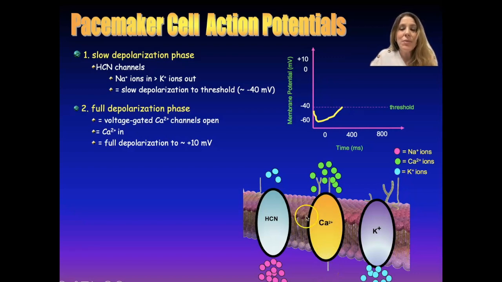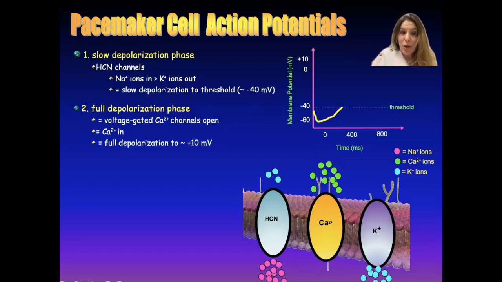And calcium, in addition to just being time gated, where it opens and closes slowly, it also can be voltage gated. And so once that voltage has hit -40 threshold as a result of what happened with the HCN channel, that's going to cause a conformational change in the calcium ion channel, open it up, and those calcium ions are going to start flooding inside the cell.